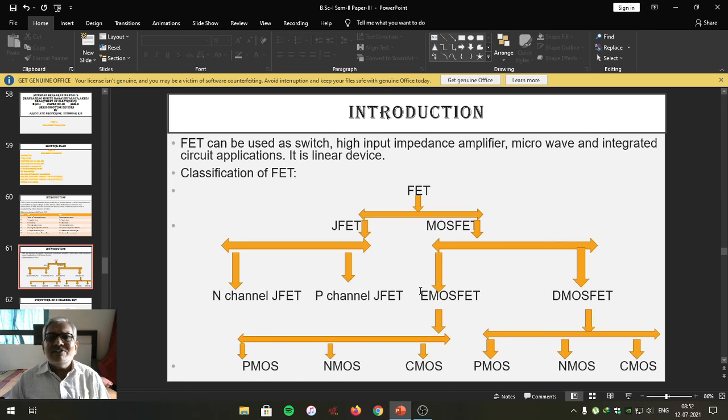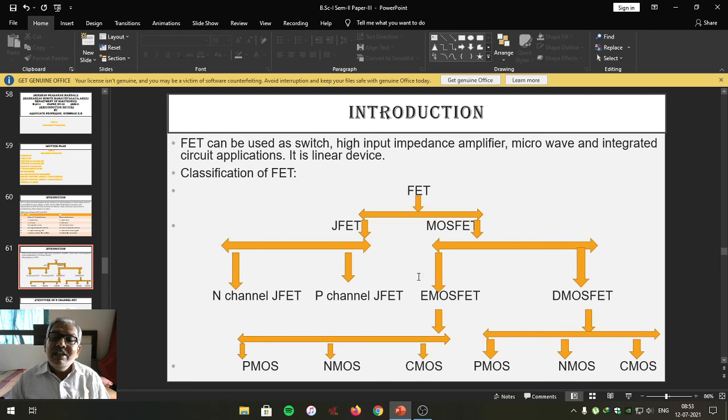We are going to see details of all those things afterwards. E for enhancement, M for metal, O for oxide, S for semiconductor, FET field effect transistor. Second one is D-MOSFET. It is a depletion metal oxide semiconductor field effect transistor. It is a D-MOSFET.